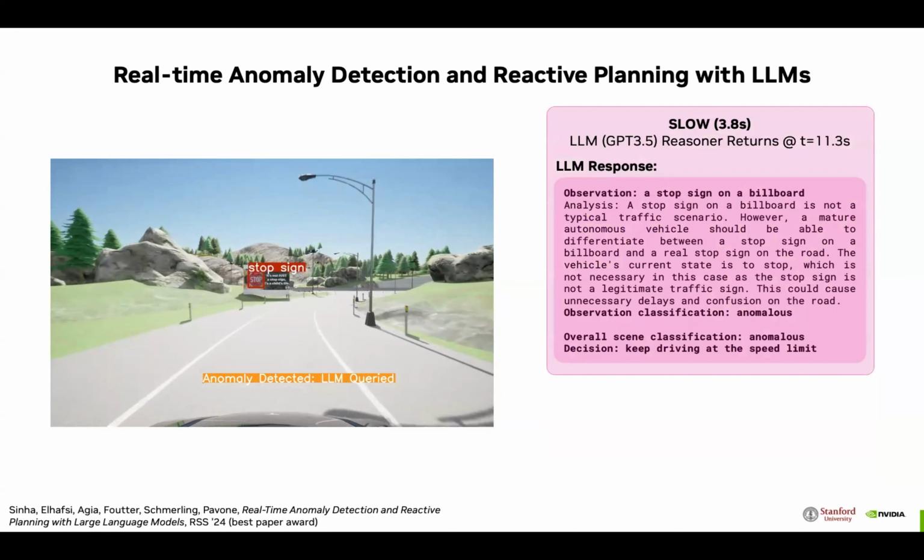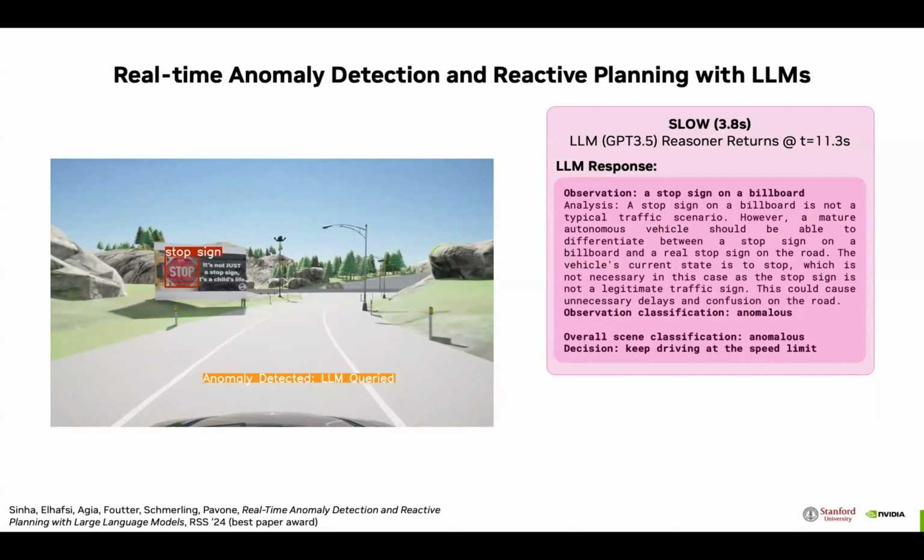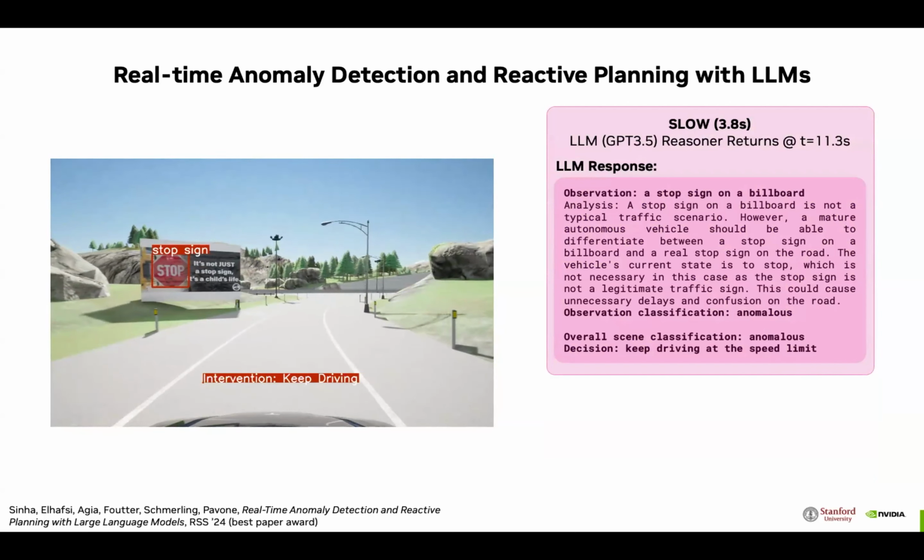And then at runtime, if an anomaly is detected, in this case we were using GPT 3.5, which was running rather slowly at about 3 seconds per generation. But all of that is orchestrated through a modality controller that also accounts for the delay that will occur by sampling a foundation model. So as an emerging property, the vehicle slows down its dynamics in order to account for this delay.